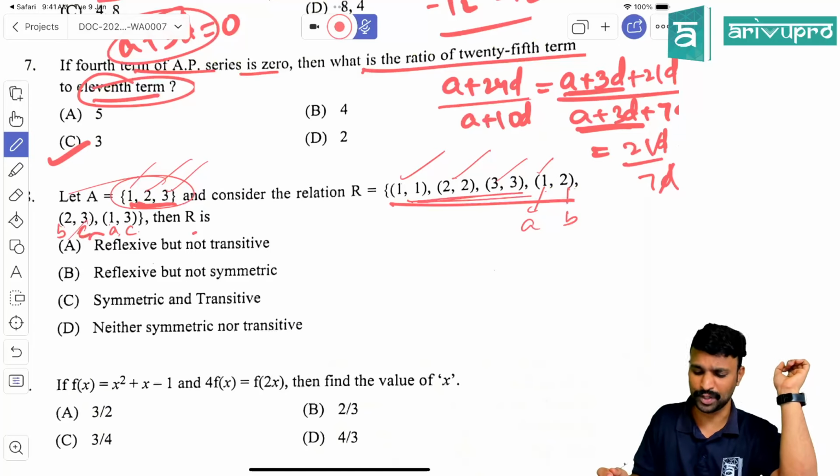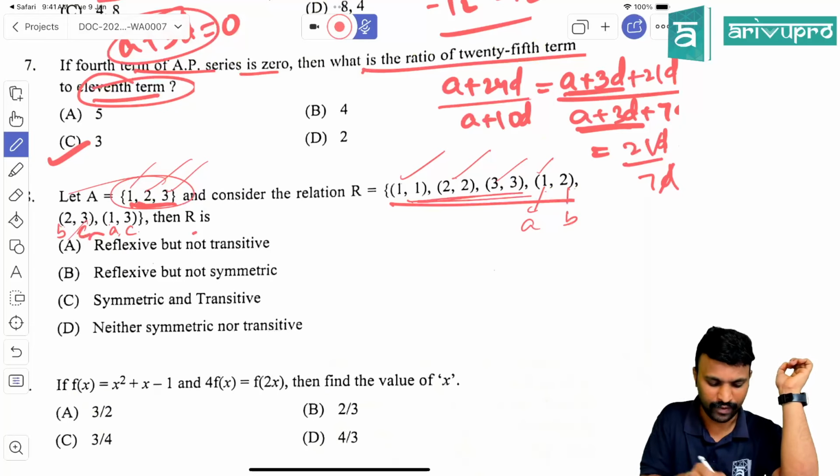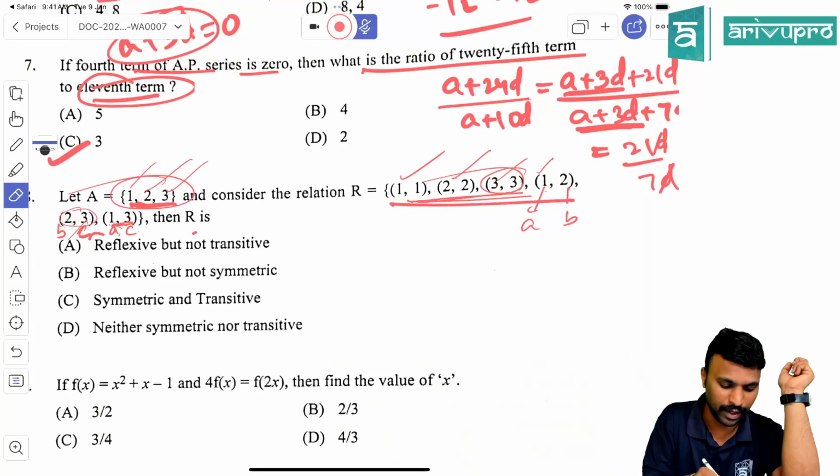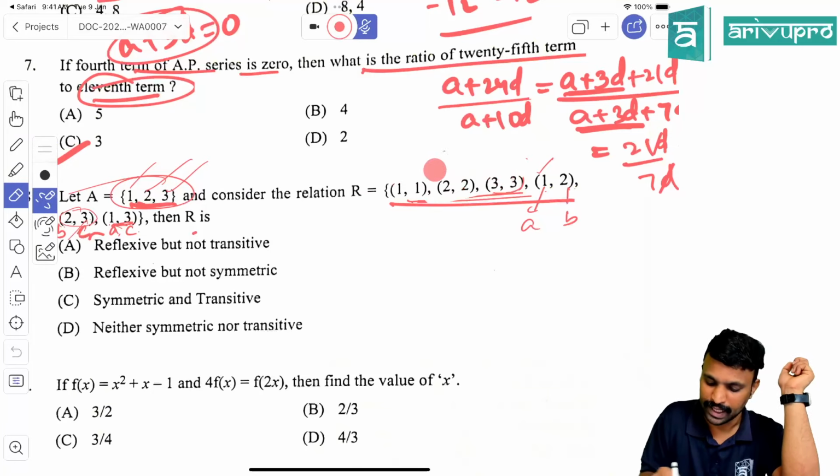Is there any other possibility where you can take A comma B as something else? If I take 2 comma 3 as A comma B, then I can't take B comma C as 3 comma something else, because the two elements should be different elements. I can't take 3 comma 3 as B comma C. You understood?